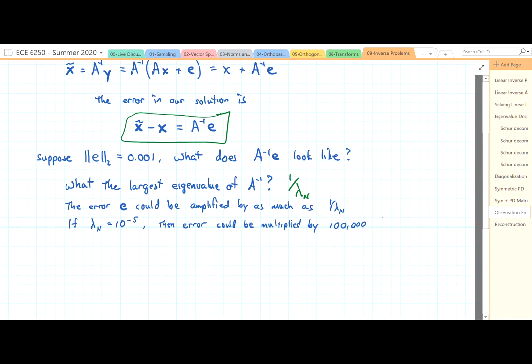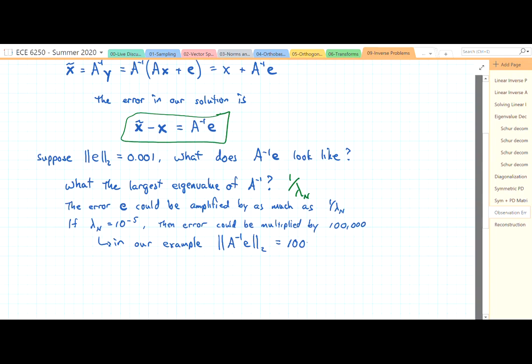So in our example, the norm of this could be up to 100.